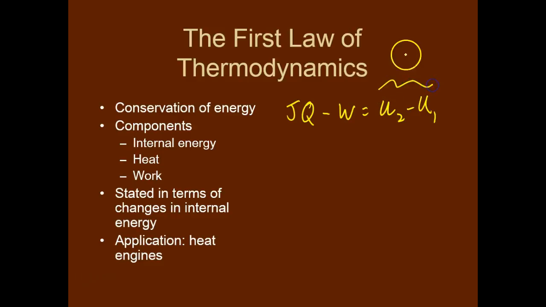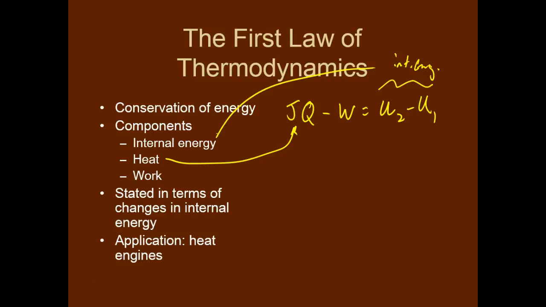The U's are the internal energy. The heat is the JQ. Q we recognize, that's what we measure as heat. But Q is usually measured in calories. Work and internal energy are usually measured in joules. So the J is the joule equivalent of heat, which gets it to the same units.